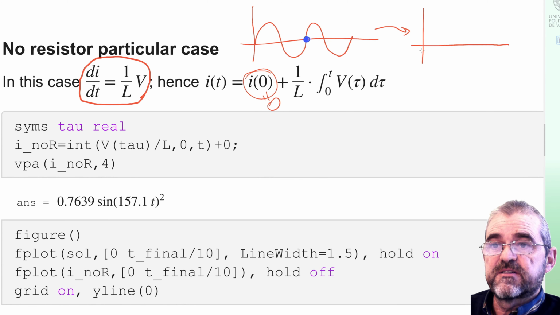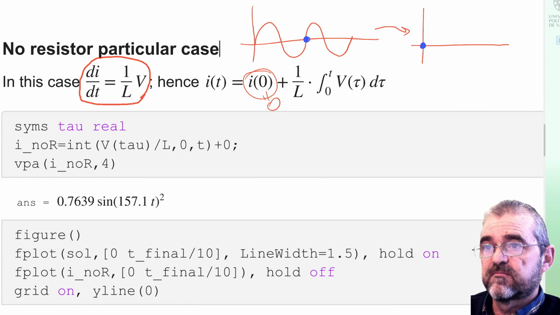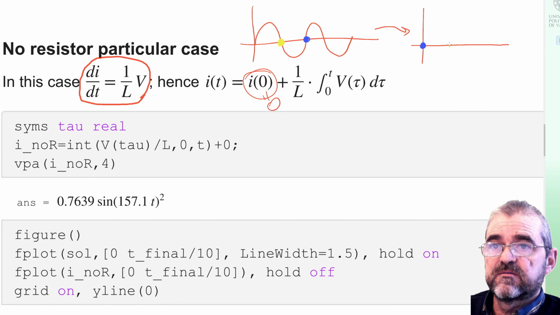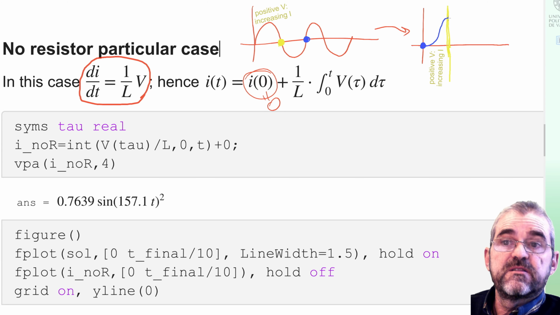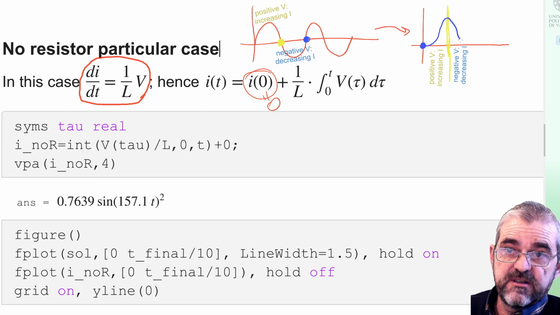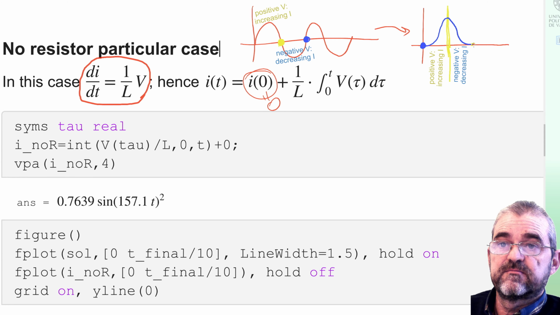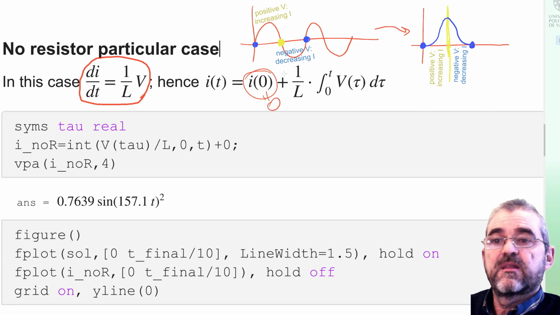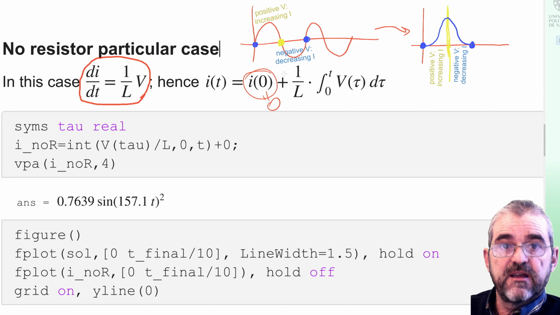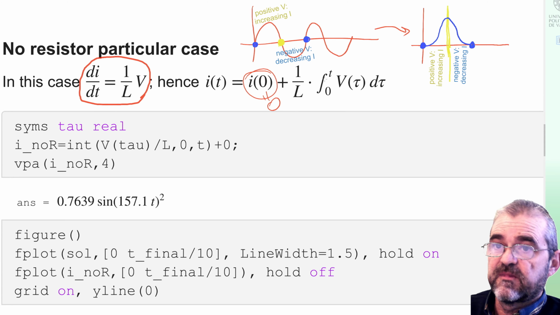So if I start at 0, then in the first half the voltage is positive, so current will increase, and in the second half the voltage is negative, so current will decrease, and after one cycle we will be at exactly the same current as we started with, and this will repeat forever.